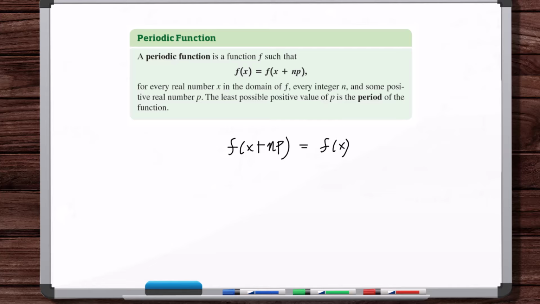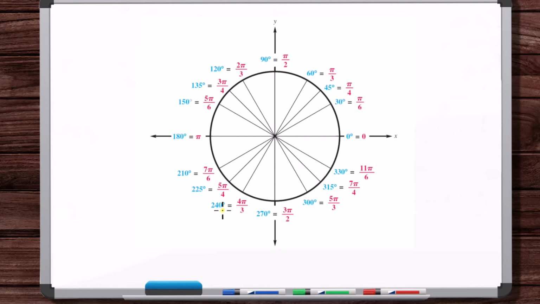And again, it should be clear to you that every single trig function is going to be a periodic function. Every single one, 100%. It should make clear sense to you why that's going to be the case. And it should also be clear that based on the definition of the period, there is no way that any of the trig functions could have a period that's greater than 2 pi.